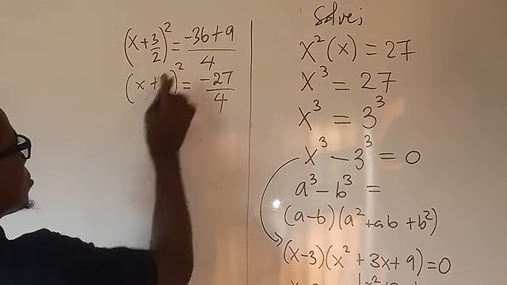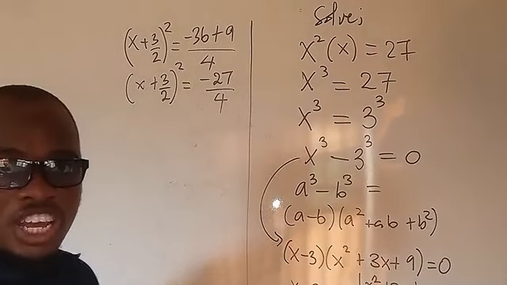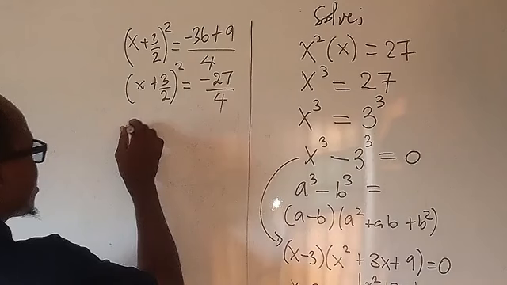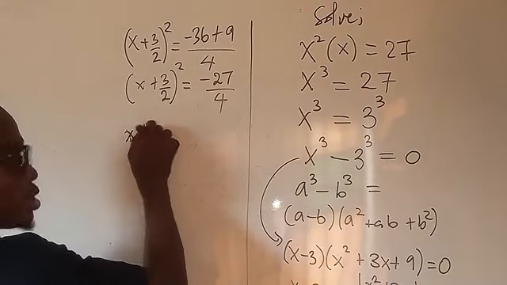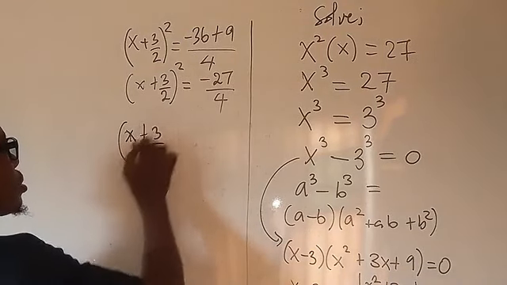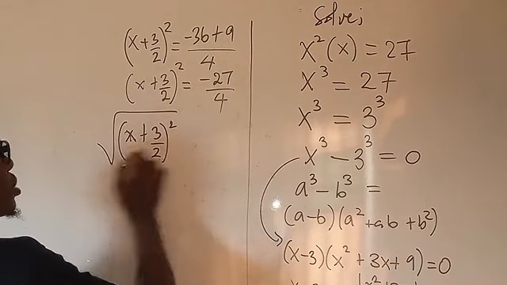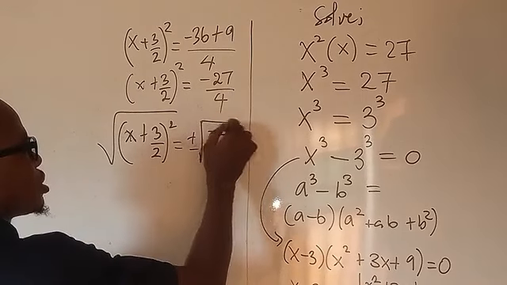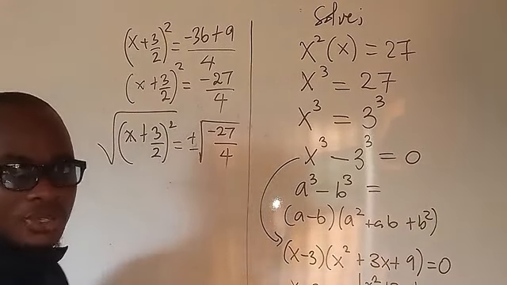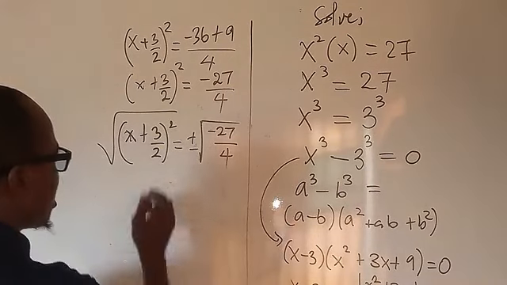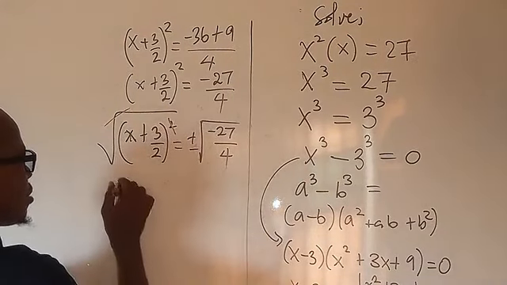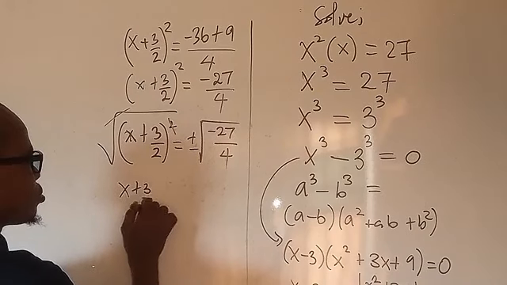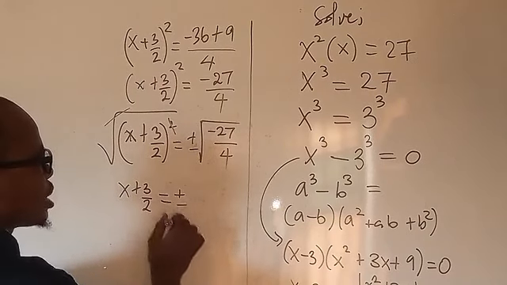What we're going to do, we're going to take the square root of both sides. So that is x plus 3 over 2, all squared. Take the square root, then plus or minus, take the square root of minus 27 over 4. Are you getting it? So then next thing, we cancel this, we have x plus 3 over 2 then equals plus or minus.